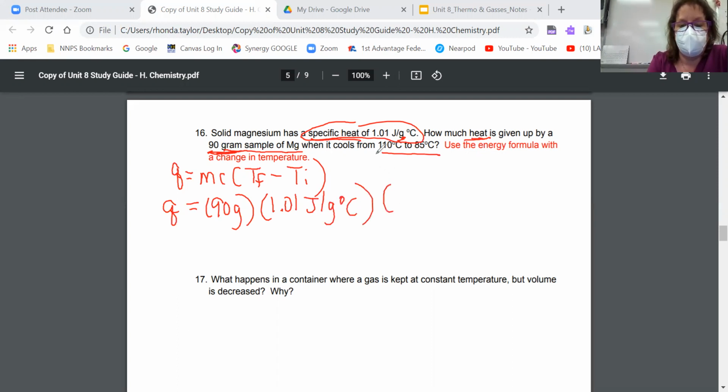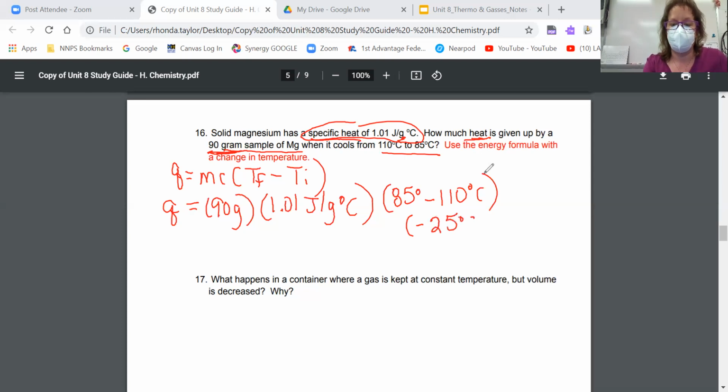And then it says when it cools from 110 degrees to 85. So final temperature on this one is 85 degrees, and we started out with 110 degrees. Make note that for this one, you're gonna end up with a negative temperature change because we were decreasing, and it asks how much heat is given up.